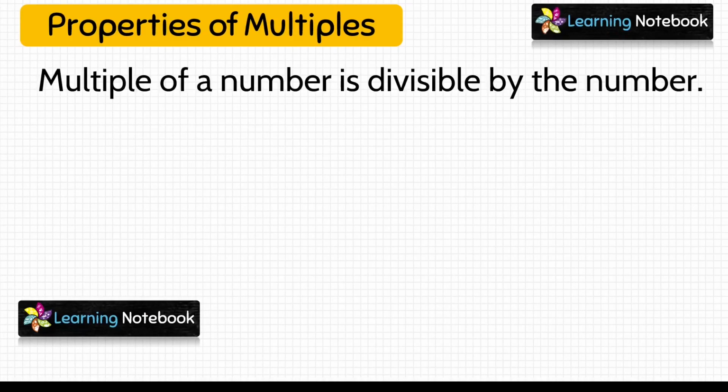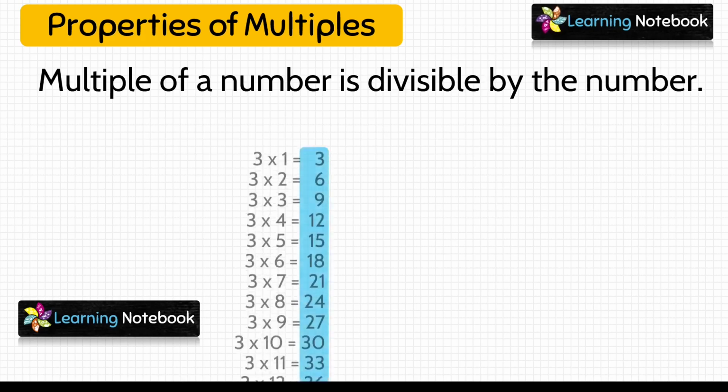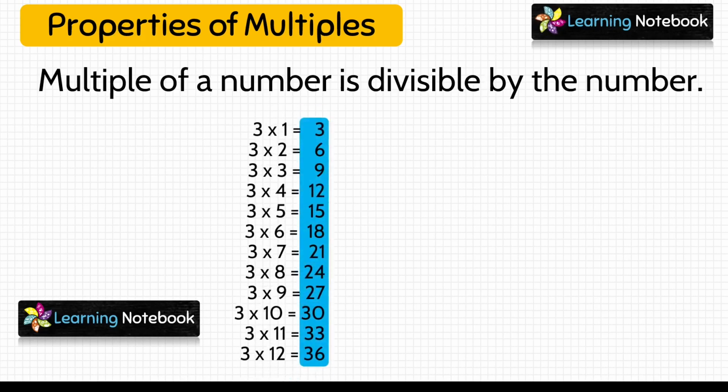The last property of multiples is a multiple of a number is divisible by the number. To understand this property, let's consider multiples of 3. So here we have 3, 6, 9, 12 and so on.